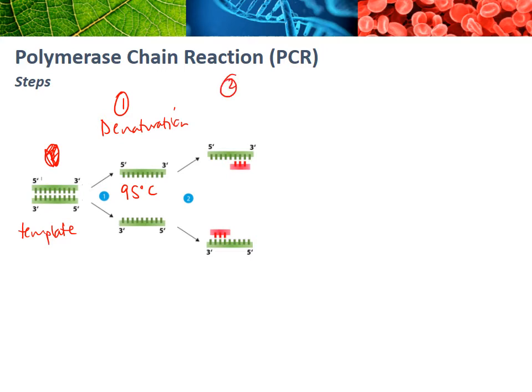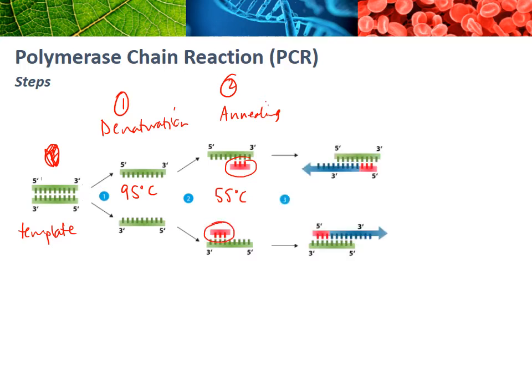Number 2 is annealing. So we go back down to about 55 degrees. The primers join on both of those strands. And then 3, we have our elongation. We go back to 72 degrees, and Taq polymerase binds and starts building those template strands.